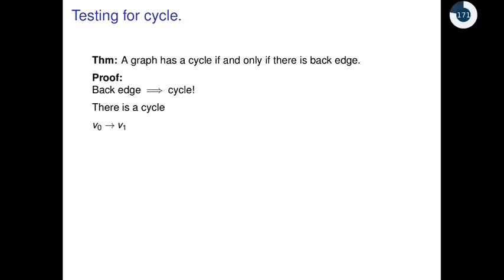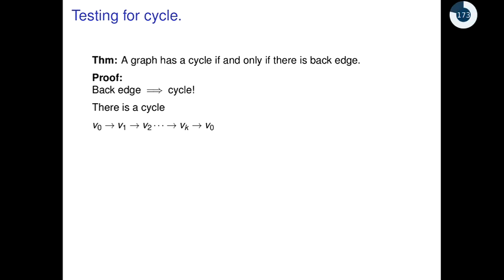A back edge means there's a cycle; that's what we argued on the previous slide. If there is a cycle, I want to argue that any depth first search, and there are all kinds of different depth first searches depending on the orderings of the adjacency list, will discover a back edge.